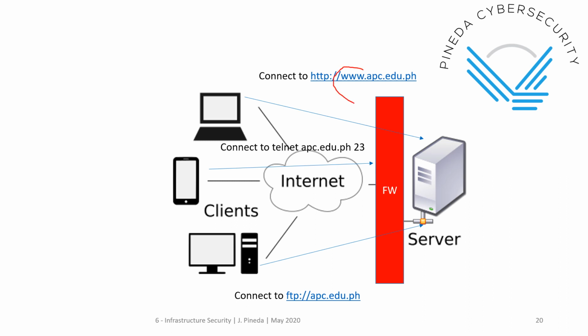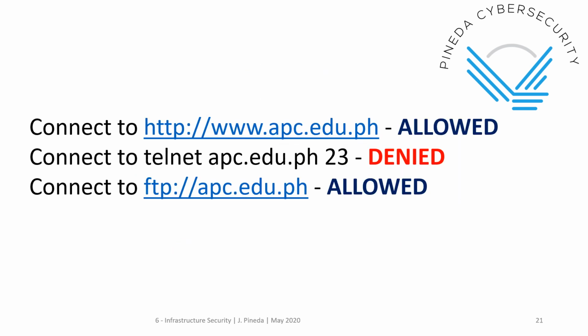This uses port 80, so yes. Okay. Connect to telnet apc.edu.ph port 23. So it will not be allowed because there's no rule stating allow. Okay, connect to FTP apc.edu.ph. So this will be allowed. So allowed, denied, allowed.